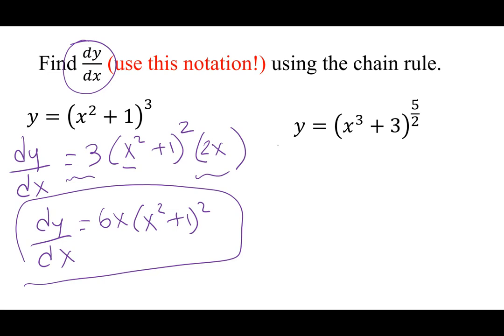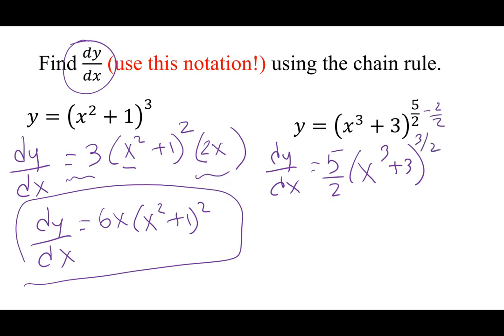Very similar over here in the second example. Notice we have a slightly messier exponent, but the same rule applies. Bring down the 5/2. Take the entire quantity to the 1 less power. So 5/2 minus 2/2 would be 3/2. And then take the derivative of the inside. The derivative of x cubed would be 3x squared.